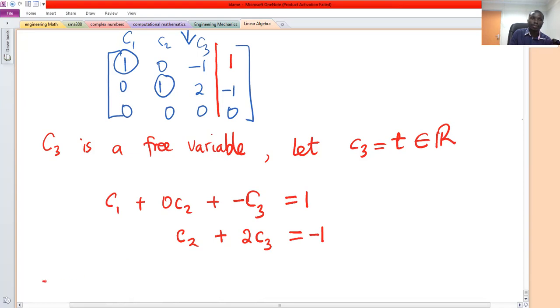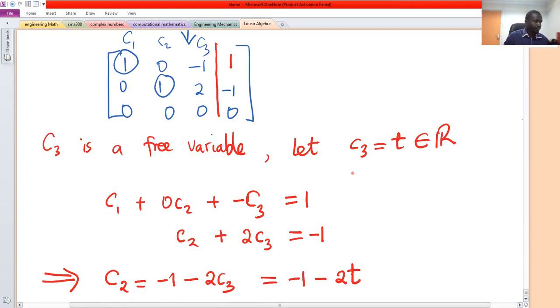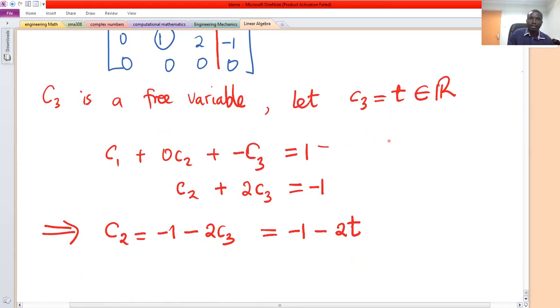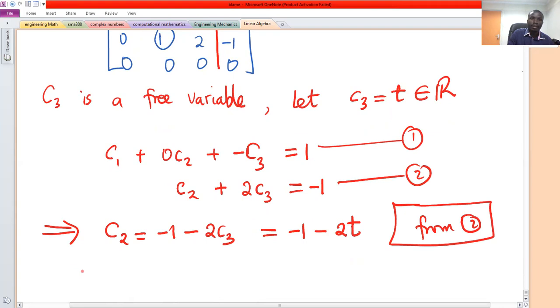Calling these equation 1 and equation 2, from equation 2, C2 is given by minus 1 minus 2 C3, which will be minus 1 minus 2T, because we have said let C3 be T. Now from equation 1, we have C1 equals 1 plus C3, which equals 1 plus T.